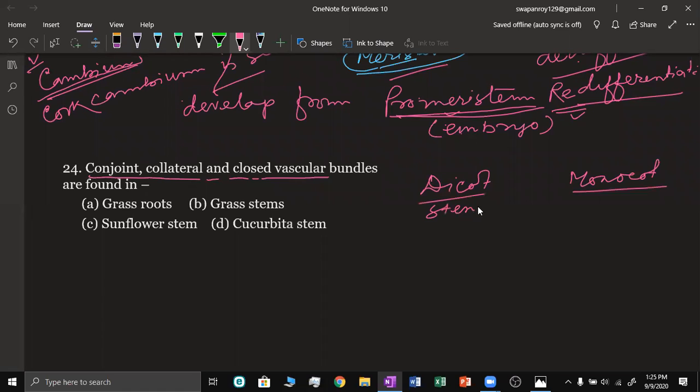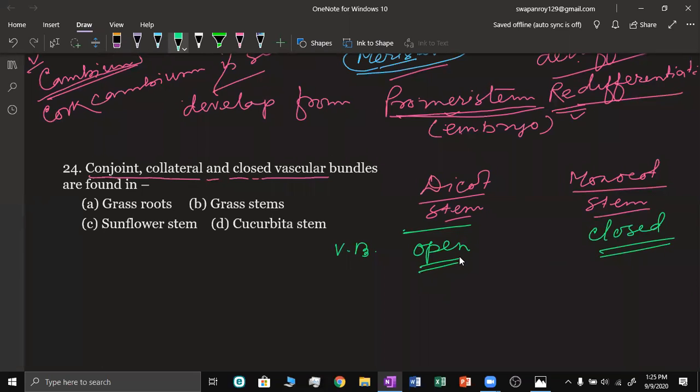This is particularly in the case of a stem, dicot stem and monocot stem. In the dicot stem, vascular bundles are conjoint, collateral, and open. And in monocot, it is closed.